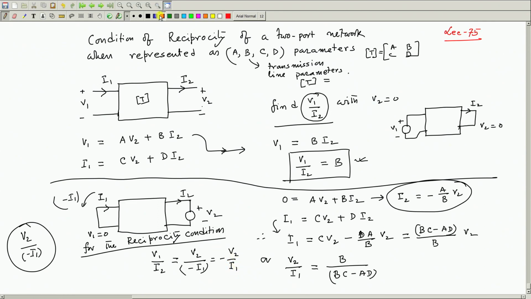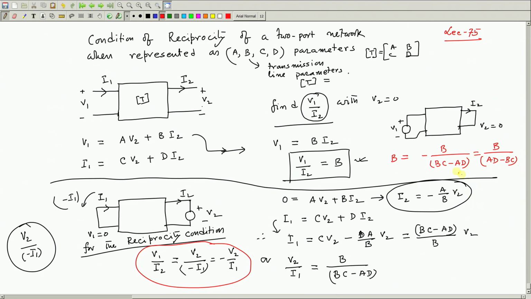This is very important to note, because ABCD parameters are defined like that, all people are following this, that is the convention. Therefore, I will say V1 by I2 is B, so B should be equal to minus V2 by I1, that is minus B by BC minus AD, which means B by AD minus BC.